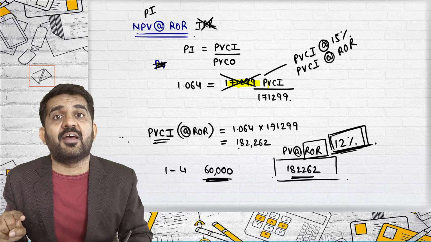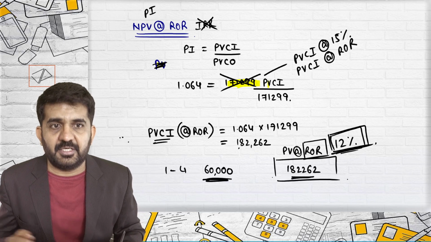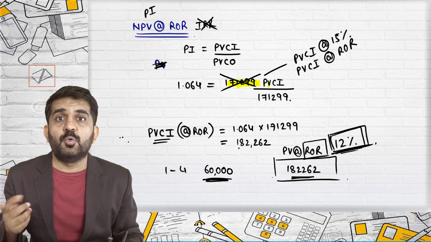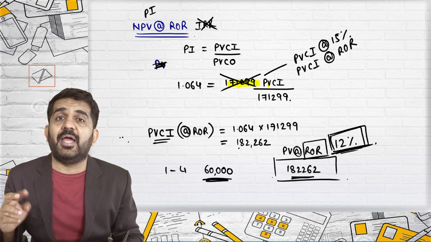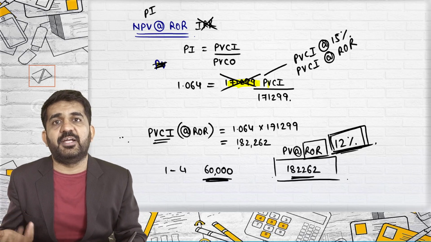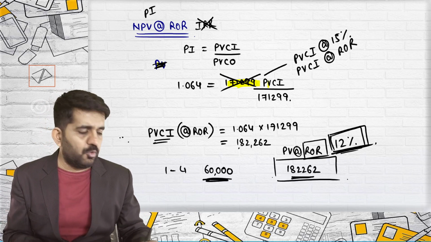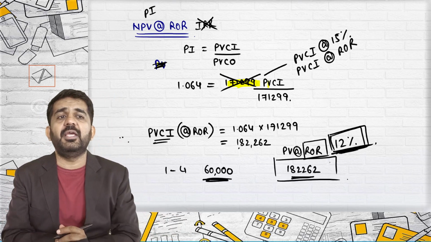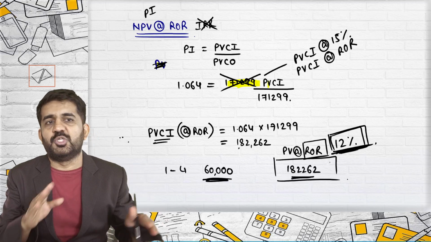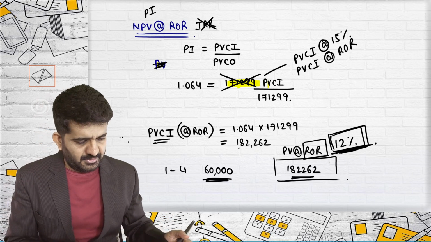Cash flow and IRR is given. You can find out present value of cash outflow, meaning cost of project. Then PI is given. You can find out present value of cash inflow at required rate of return. And from that, you can just do trial and error and find out the required rate of return, which will be 12%. So it is a reverse question. All the answers are becoming questions and questions are becoming answers.